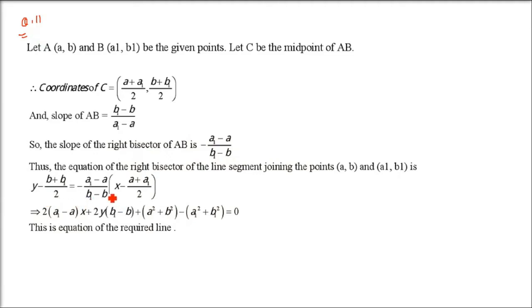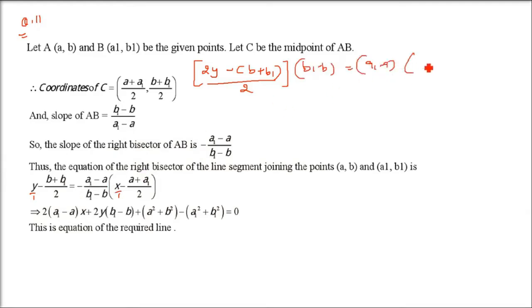So this is 2y minus (b plus b1), and this whole by 2. I'm taking that denominator from the right hand side, cross multiply (b1 minus b). Right hand side you have (a1 minus a) multiplied by (2x minus (a plus a1)) whole by 2.